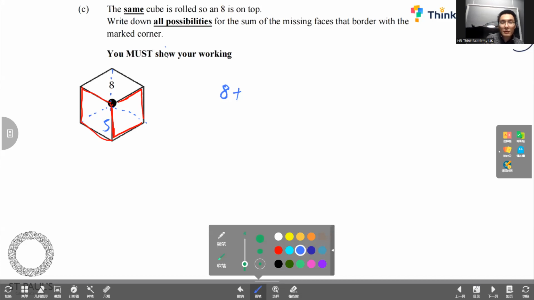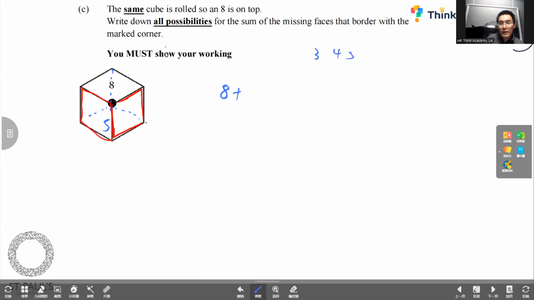Okay, again, we can find out, so 3, 4, 5, 8, 9, 10. Cross away 5 and 8 because they cannot be our choices. As long as you don't have 3 and 10 next to each other as close neighbors, we're fine. Yeah, because 3 and 10 must be opposite faces.